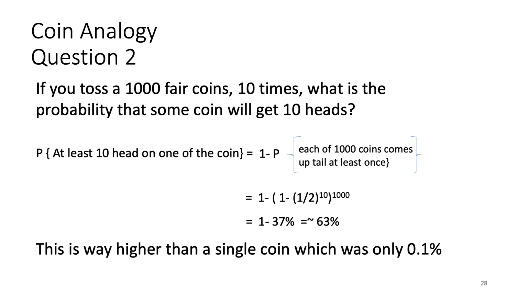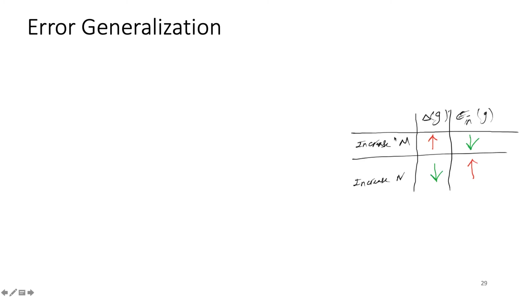Now it's 63%, and that's the error that we call the error of generalization. So now we have m, which is the number of bins, and n, which is the number of data in your data set. So we have two variables now. Delta G is the absolute difference between your in-sample and out-of-sample error. If you increase m, delta G increases because you have multiple coins; it's going to hurt you.